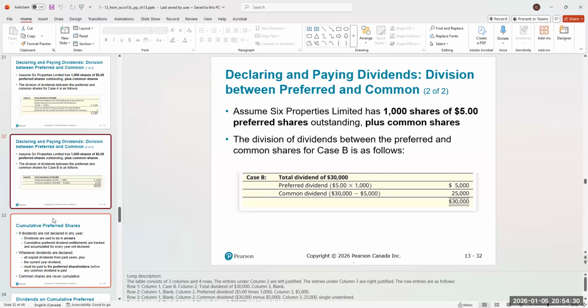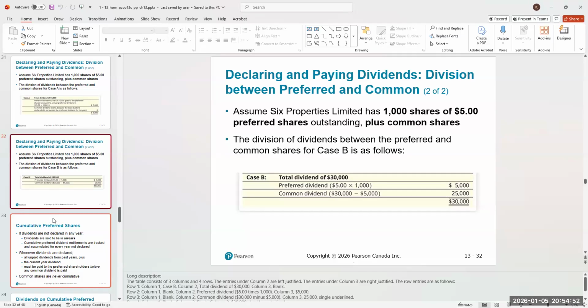So in that case, the journal entry is: debit retained earnings 30,000. Credit preferred dividend payable 5,000, common dividend payable 25,000. Date of record, nothing, no journal entry.